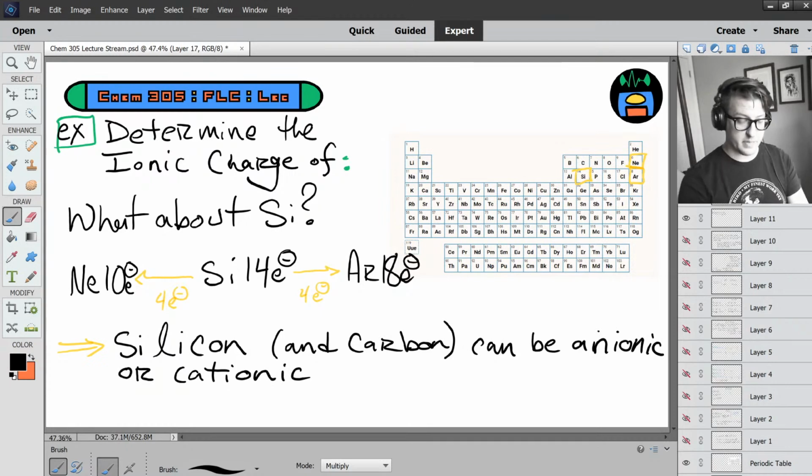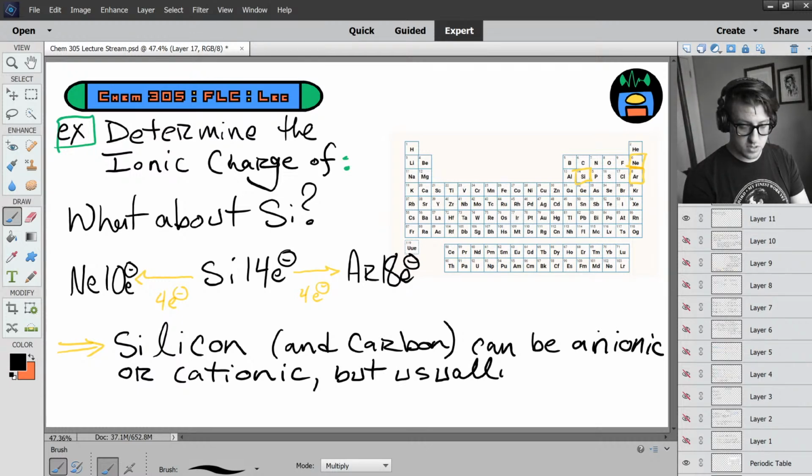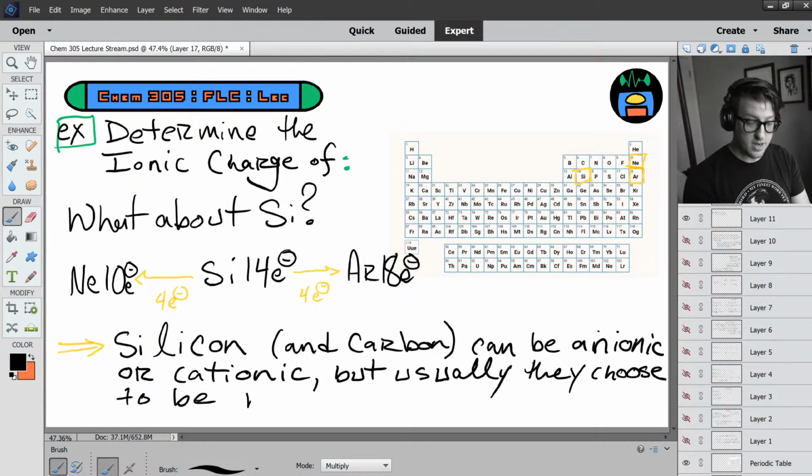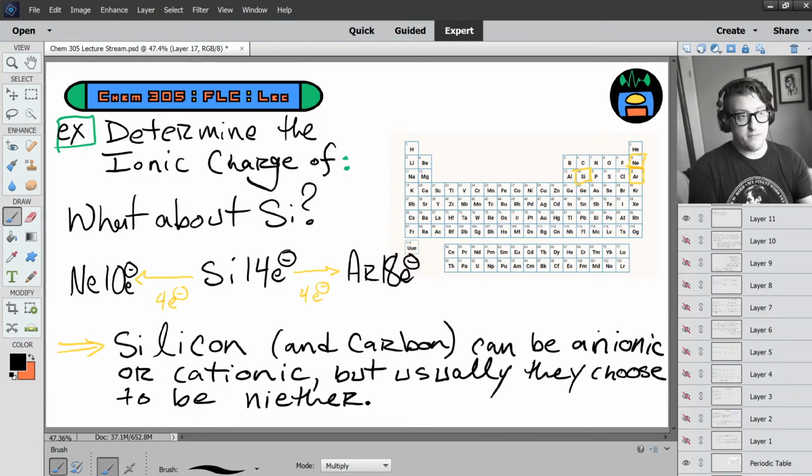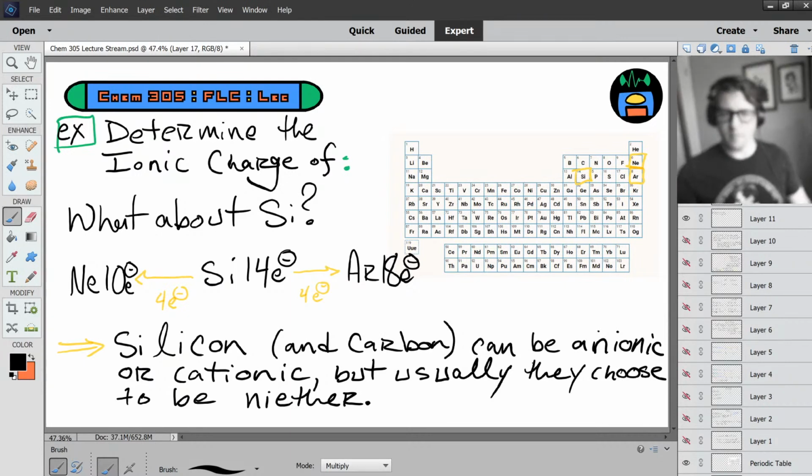They could be anionic, they could be cationic, but usually they choose to be neither. Silicon and carbon at times can be cationic, at times they can be anionic, but usually they choose to be neither. They don't like to ionize, they'd rather not be an ion.